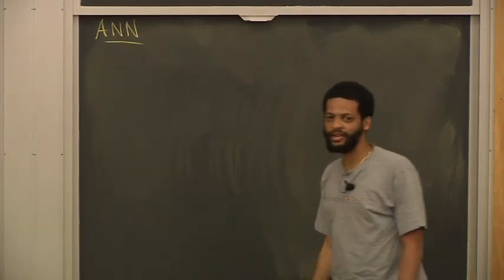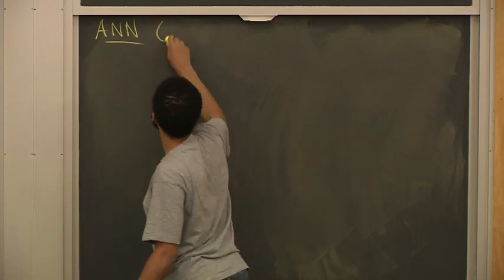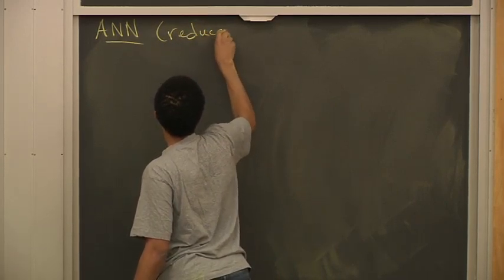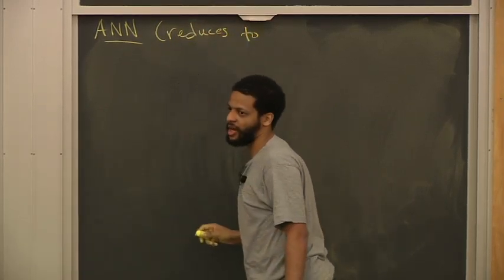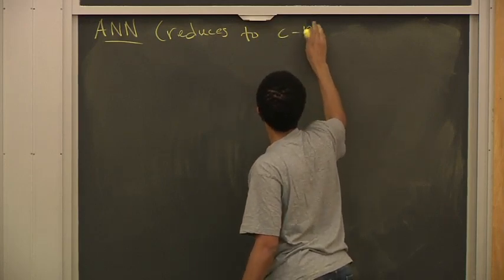Okay, so this approximate nearest neighbor problem reduces to another problem that I'll call c near neighbor.